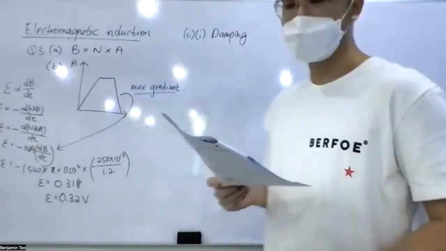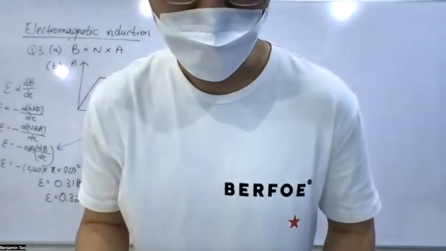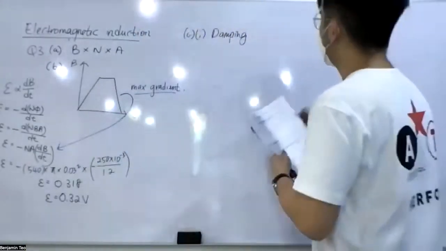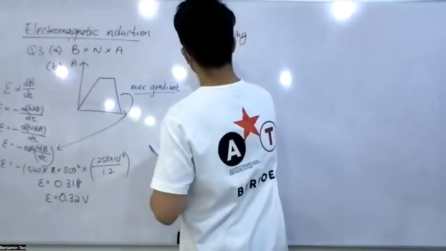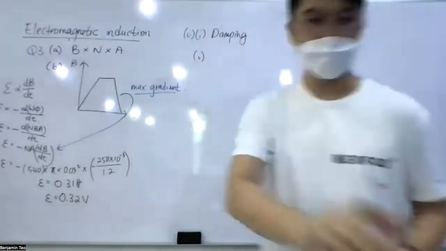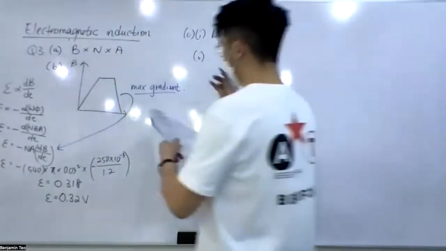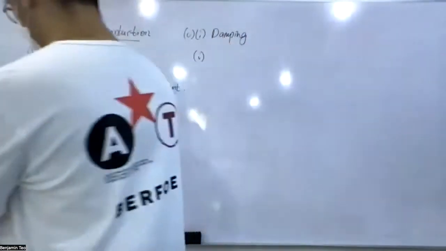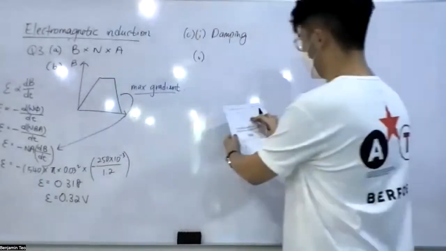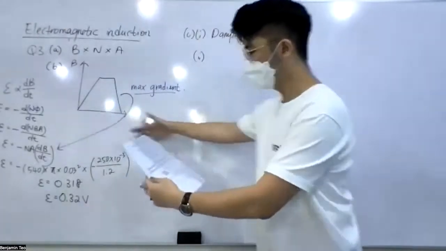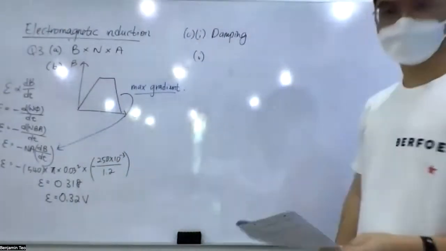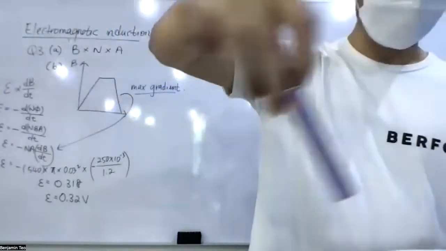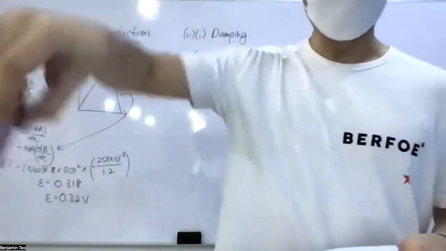Whenever you see they ask to explain using the principles of electromagnetic induction, always start with flux. Okay, number two. How do you explain this one? Talk about flux first. Is there a change in flux? This one is an example we've discussed just now, right? The oscillation one: change in area. When you oscillate the copper sheet in the magnetic field, there's a change in area.